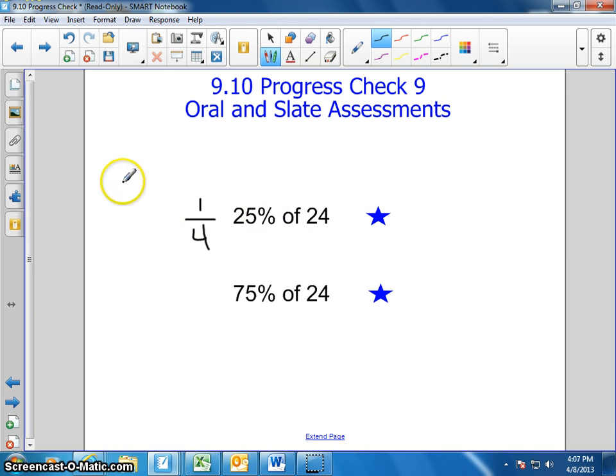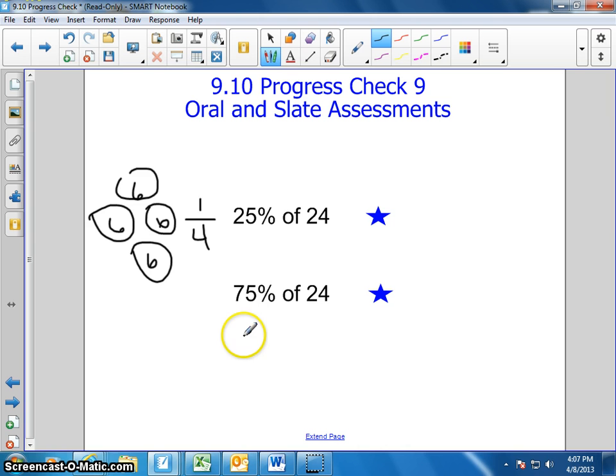We know that each of these 4 equal groups is going to have 6 in them, because 6 times 4 is 24. And we want to find 1/4, and these are all equal groups. So 1/4 or 25% of 24 is 6, because 6 goes into 24 4 times equally.